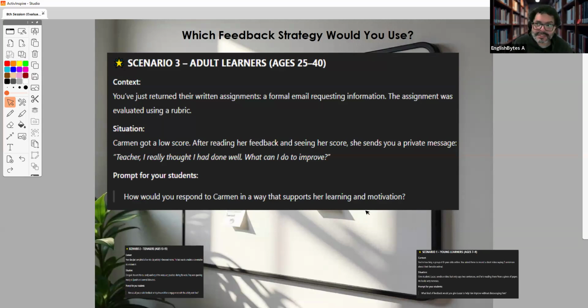She's interested in improving. That's what she's asking. What can I do to improve? She's not asking, please give me more points. No. What can I do to improve? So, how can you support her learning? How can you motivate her this time?